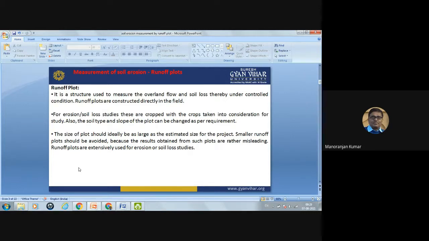It is nothing but a small area of the field that is known as the runoff plot. They are constructed for erosion or soil loss studies. These are cropped with the crops taken into consideration for a study. Also, the soil type and slope of the plot can be changed as per requirement.